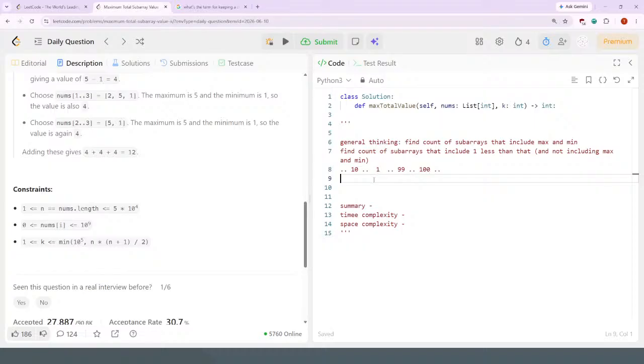100 versus the 1. And then technically could be 100 versus like the 2, or maybe 1 versus the 99. Generate all the subarrays like that.